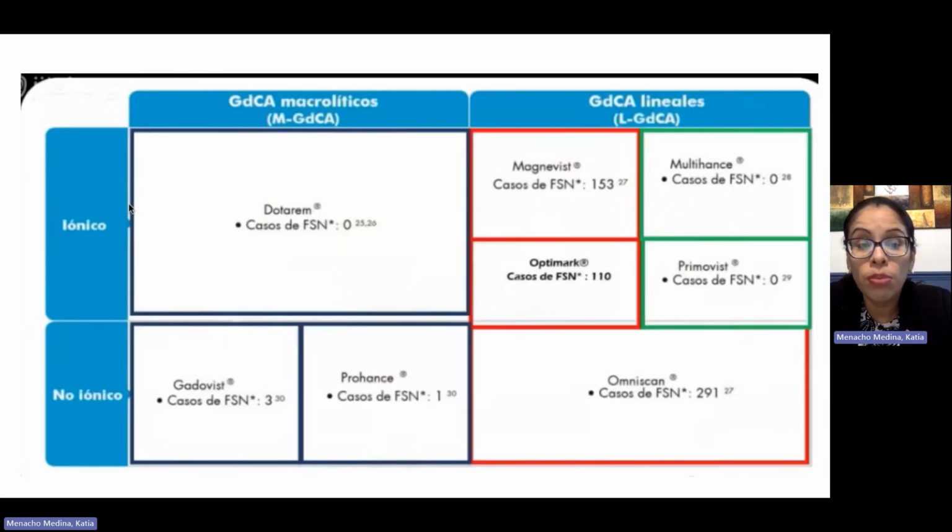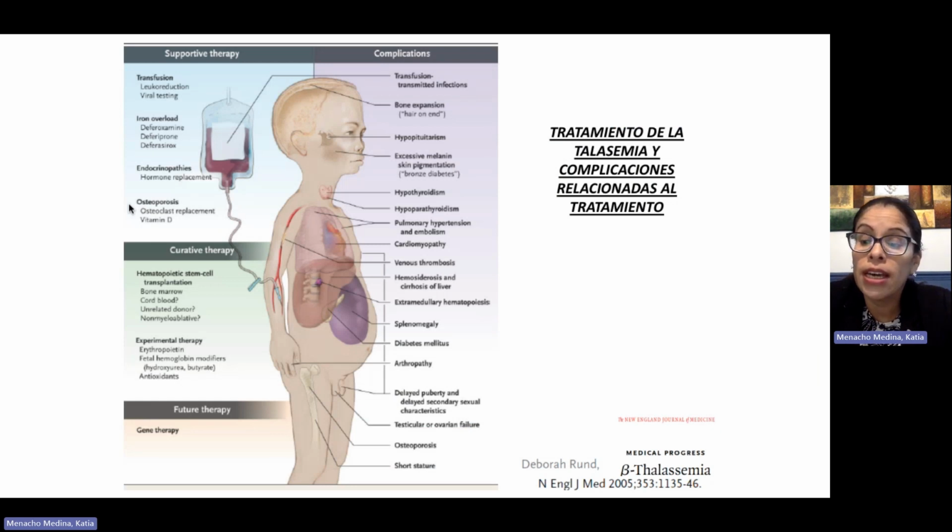The positive is that with a more stable agent, cyclic and ionic, as in the case of Dotarem or Clariscan, there have not been cases of nephrogenic systemic fibrosis. That is one of the long-term complications described before with the oldest agents, Magnevist, Optimark, Omniscan, which have been taken from the market.